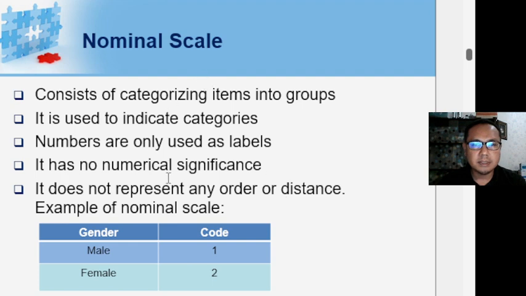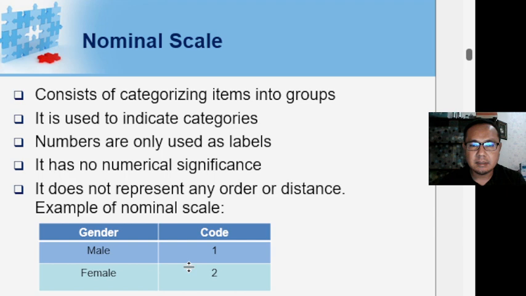So this is the nominal scale explanation. That means it consists of categorizing into groups. It is used to indicate categories, like what you can see here. This is an example of a nominal scale. It has no numerical significance.